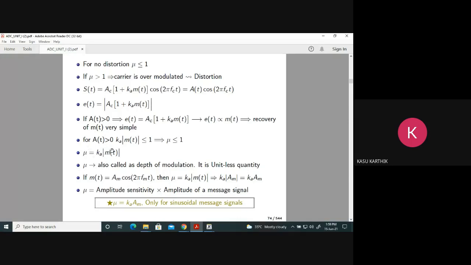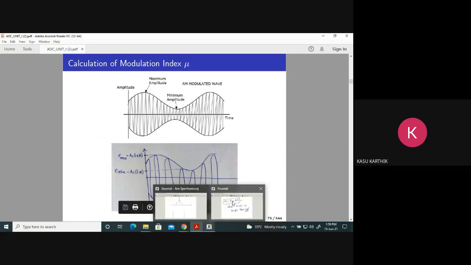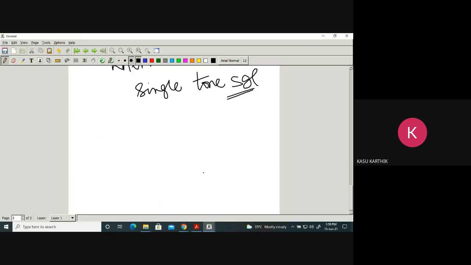Now let us go to another topic, that is calculation of mu. We know the formula of mu, and we can also calculate mu from the AM waveform. How is it done?